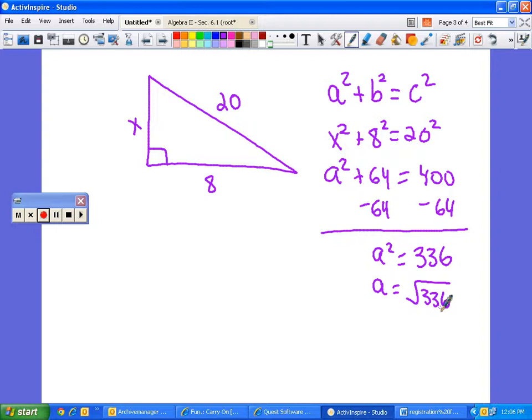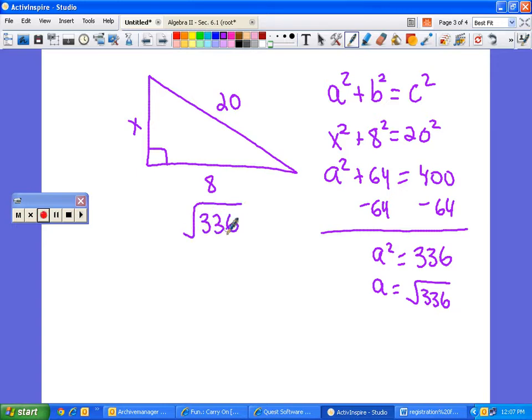The reason we don't want the decimal equivalent is because it's just that, an equivalent, not the exact answer. A decimal does not give you the exact answer unless it's a perfect square. So what we have to do instead is simplify the square root of 336.